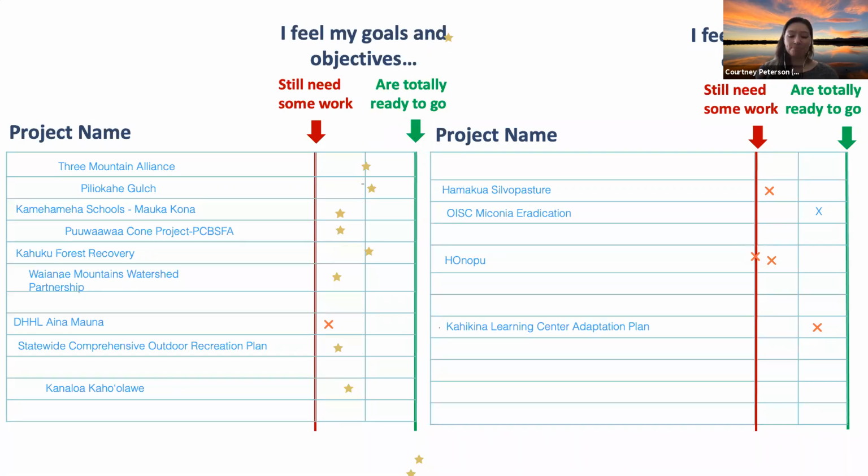And starting next week, what we really want to do is have some time to check in with you all and your teams one-on-one and have some of those conversations to answer some of these big questions that you might have as you're starting to get more familiar with the adaptation workbook tool. And so keep some of those big questions in mind, and feel free again to email us or type your questions in the chat as we're going along today. And we'll be sure that we can really help wherever you need it.